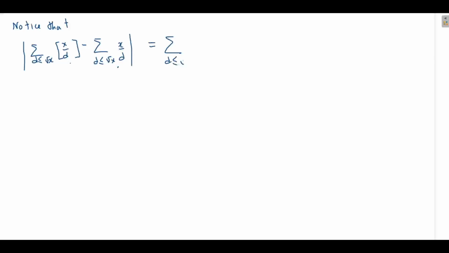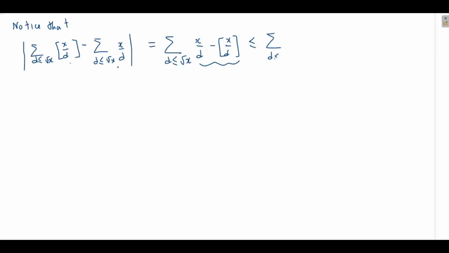So let us notice this here. If you look at the modulus of the summation over d less than or equal to square root of x of the greatest integer of x by d minus x by d, this will be less than or equal to the summation, because each of these terms is going to be less than 1.